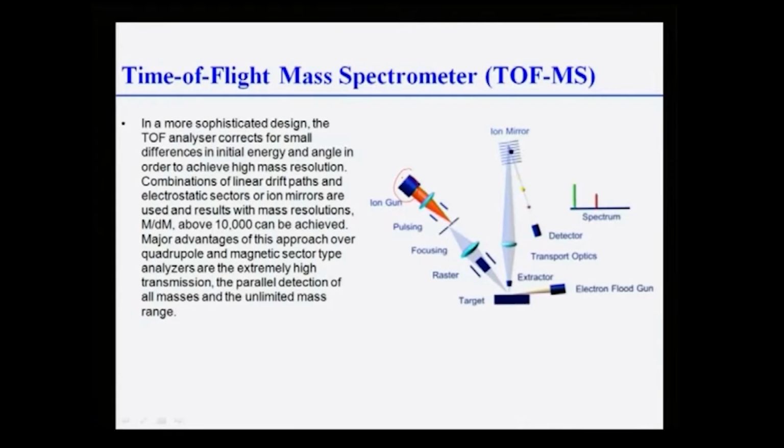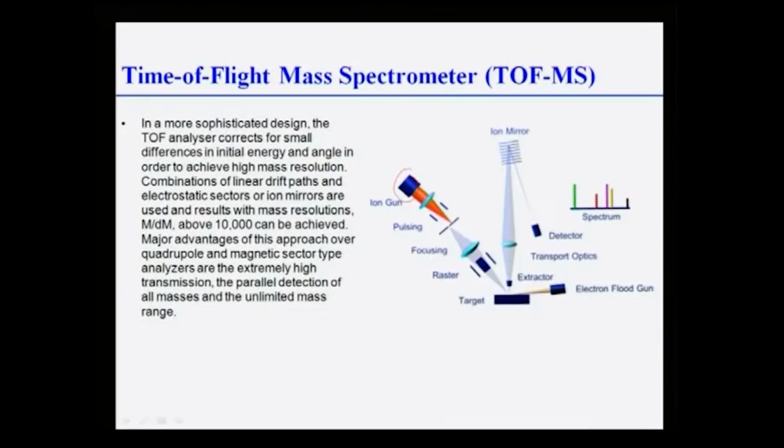It also allows the ion gun to raster the ions like SEM, and then once it falls on the target, it creates ions from the surface, and then it passes through this extractor which extracts the ions coming from this ionization due to the ion gun. That means we are creating secondary ions actually, and then basically ion mirrors, which is nothing but a quadrupole detector or maybe a time of flight detector. It basically separates the ions, and the detector detects and gives you the spectrum.